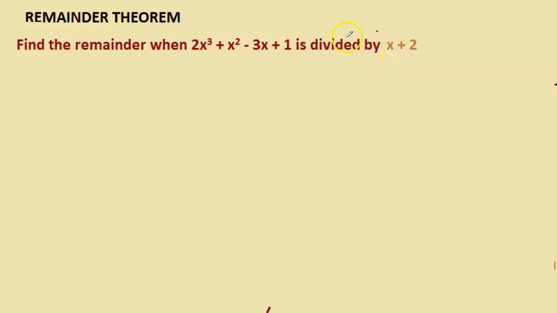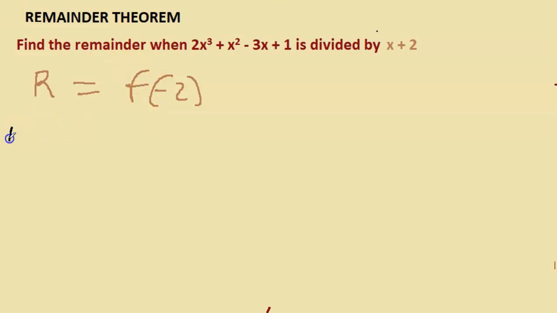So here, if it was x minus 2, to get the remainder would be f of 2. But now because it's x plus 2, to get the remainder is f of negative 2. In other words, one way to think about it is to equate the divisor to 0 and solve. So the remainder is given by f of minus 2.